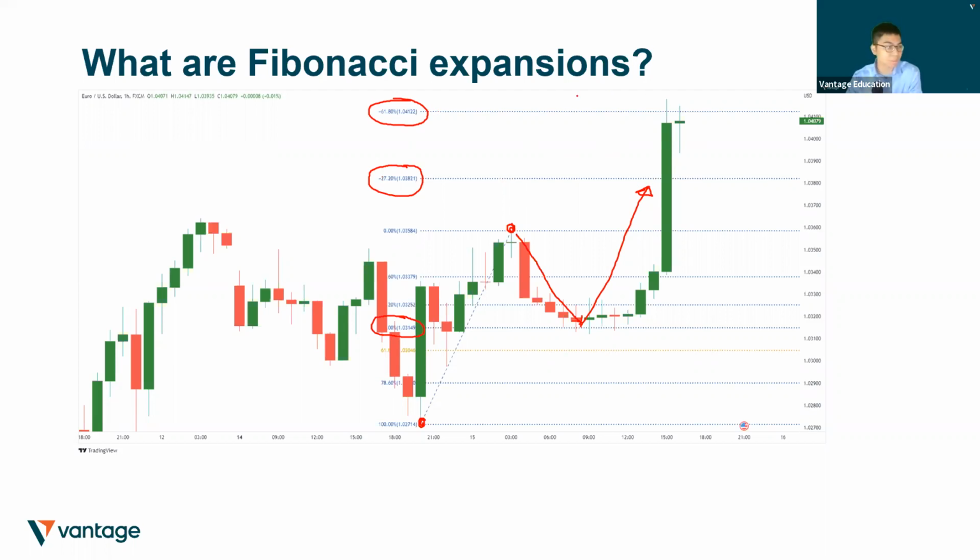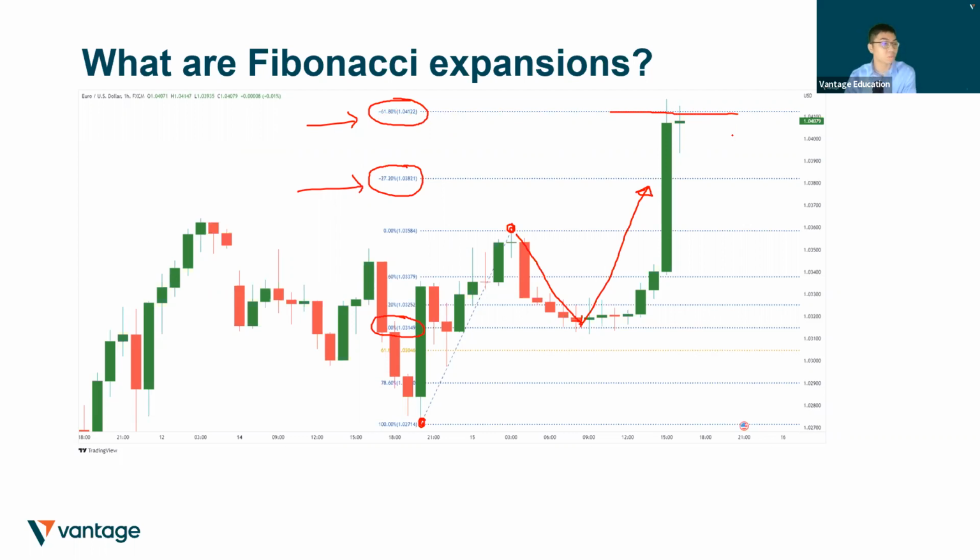You can compare it right now with euro dollar. It's less than an hour ago, this chart. Fibonacci expansions at negative 61.8% and negative 27.2% can be seen as a price level that presents itself as hidden support or resistance. In this case, the negative 61.8 was a hidden resistance on the price chart.